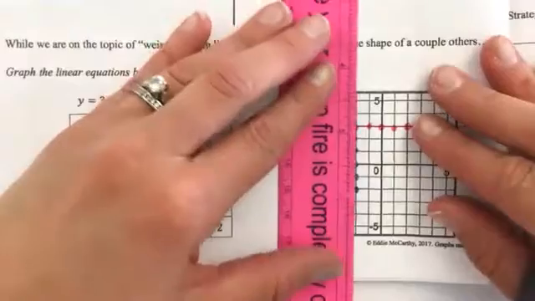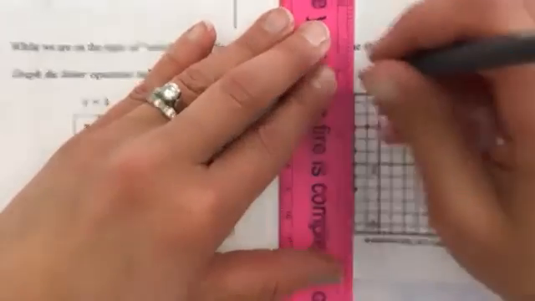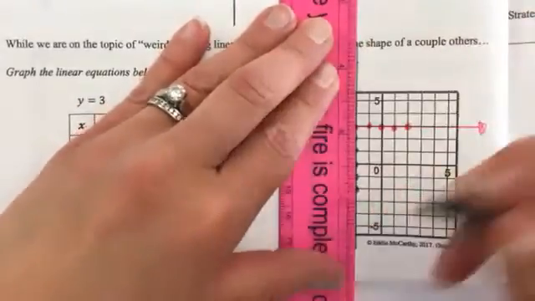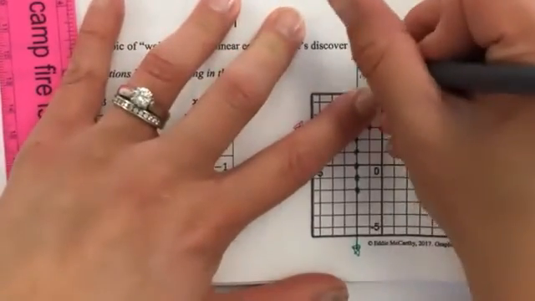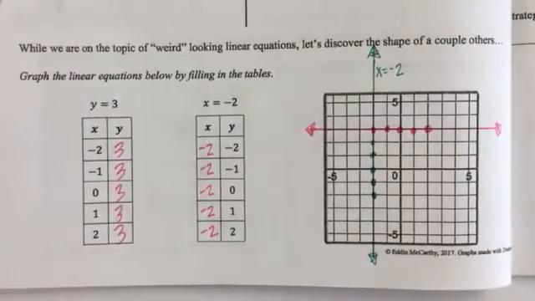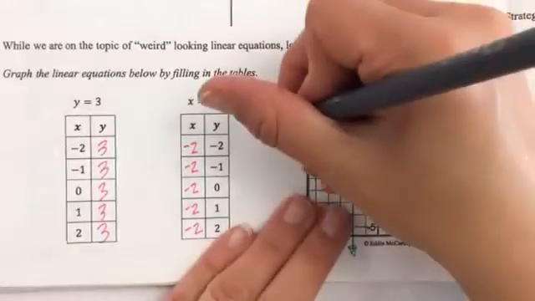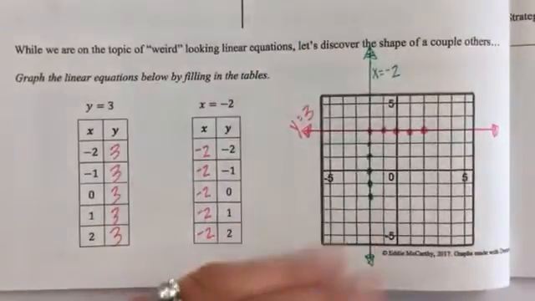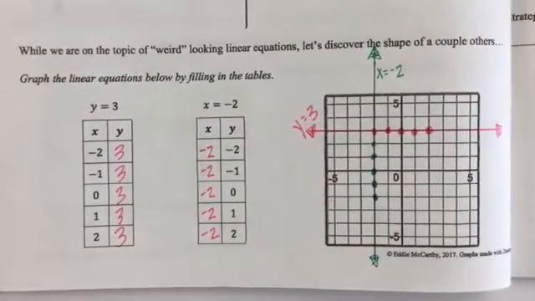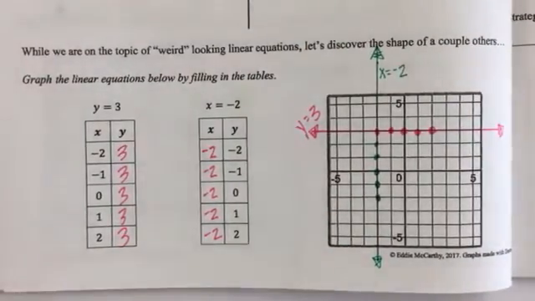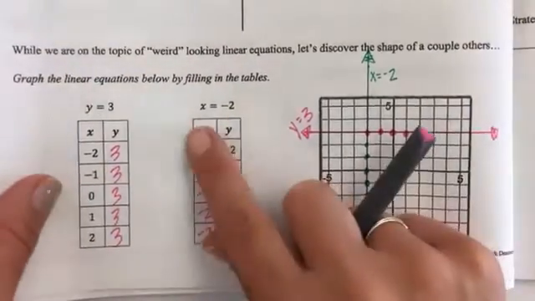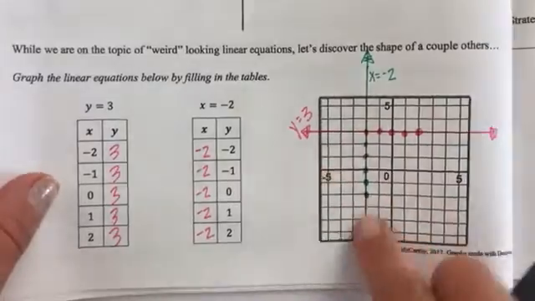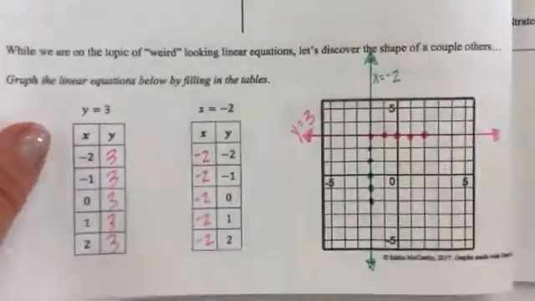This is a vertical line crossing at x equals -2. So this one is x equals -2, and the other one was y equals 3. So it makes those graphs easy to graph if you can remember that x is going to cross the x-axis and y is going to cross the y-axis.